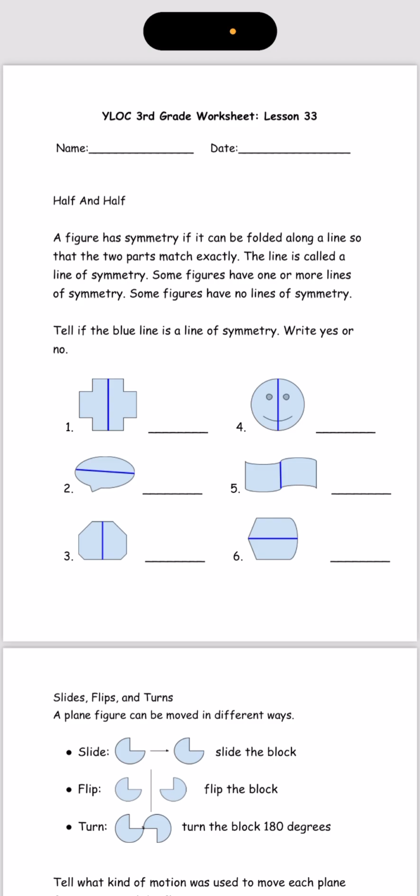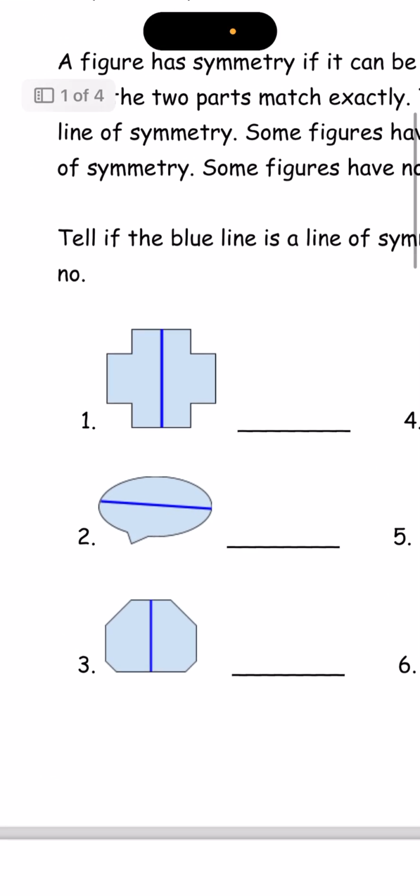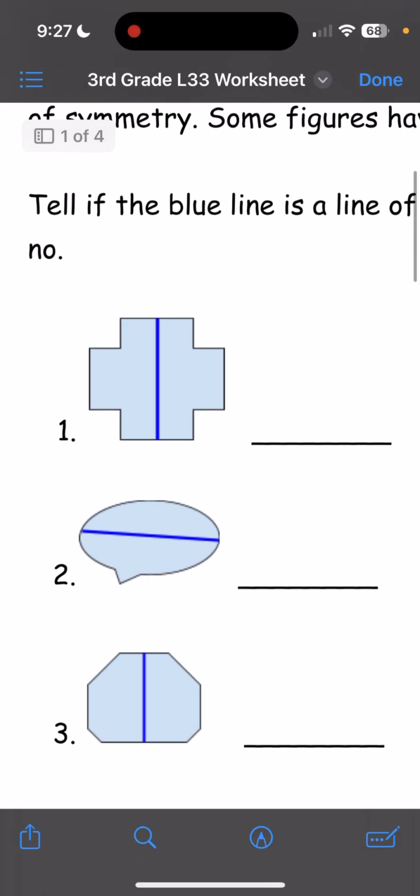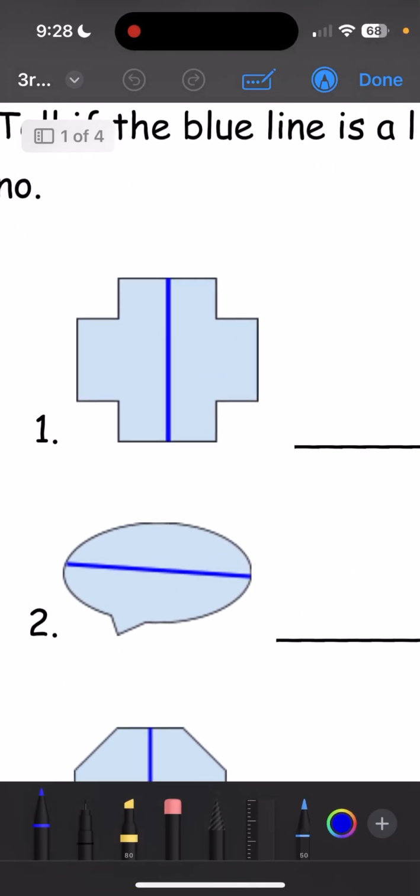Tell if the blue line is a line of symmetry. Yes or no? Okay, so line of symmetry just means that if the figure is folded on the line, would it be the exact same? So for number one, the blue line is right here.